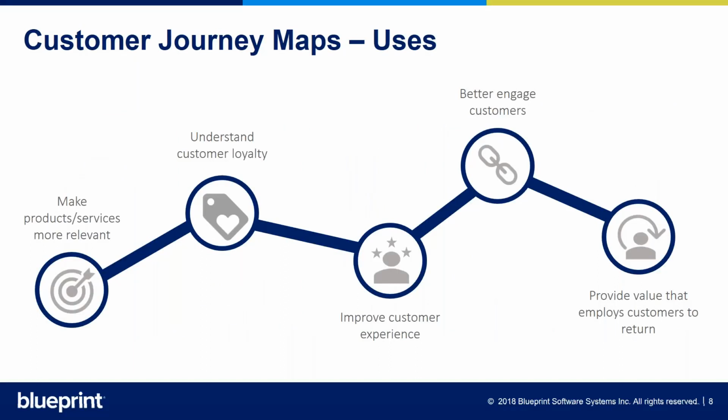So the uses, let's talk a little bit about how we use customer journey maps. Firstly, it makes products and services more relevant. This speaks to alignment, essentially. If you know what your customers' touch points are with your organization, as well as what their pain points are, you can remedy the problems that they're having and derive value from that within your products and services.